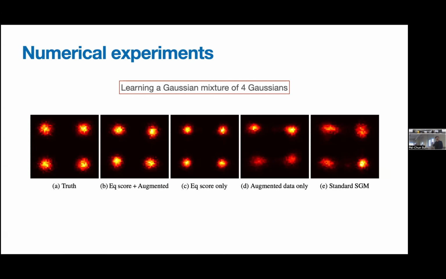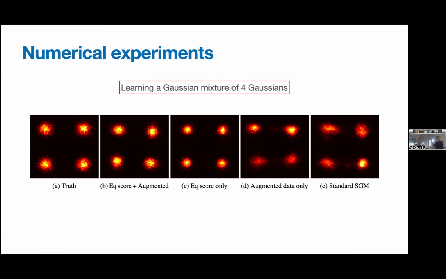The fourth one is when you use a vanilla score matching, so typically you can put in a ReLU neural network without any encoded symmetry. And the right one is the standard diffusion model, so without any symmetry in the model or data augmentation. So you do not do anything.